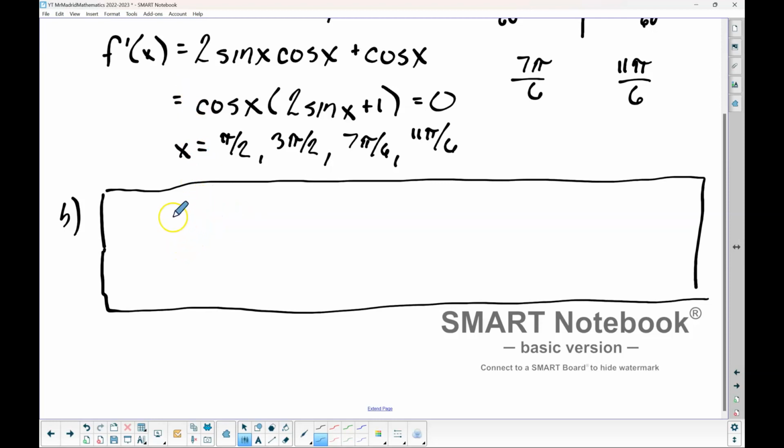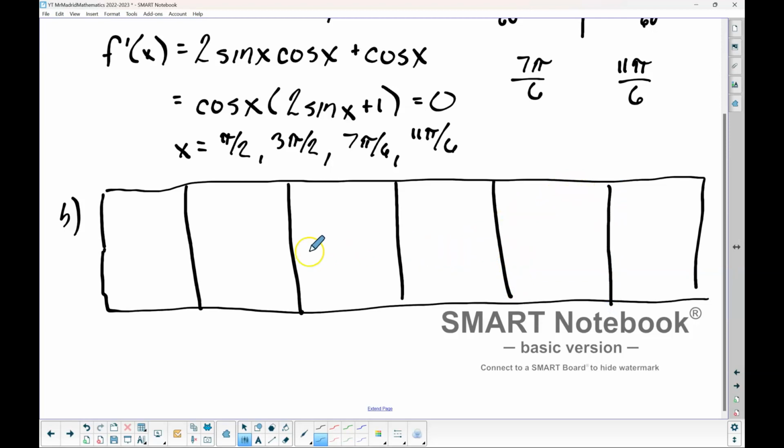So as far as the intervals, let's see if I can divide this up here. I'm going to do this. And looks like I got a little extra space there.